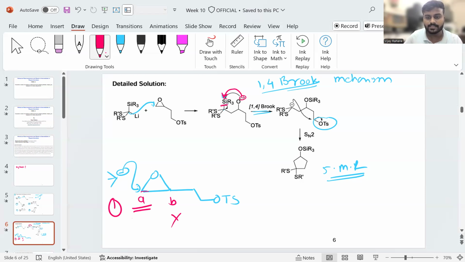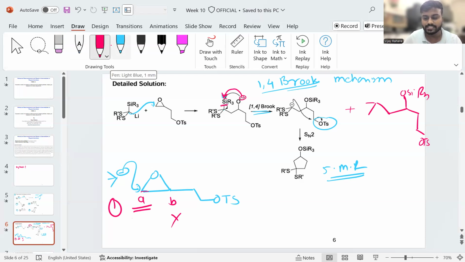It is also possible in the reaction that if you have a second similar molecule which has the OTS at a similar position, the attack can also take place in an intermolecular fashion.